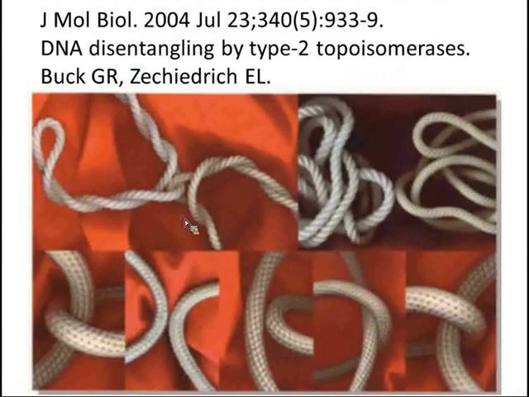Here, it's not hooked, so maybe it tries to find something like that, where they're both bent. Maybe it bends it first and waits for another strand to come through. There's still a few questions about that. So here, no strand passage. Here we get topo 2 acting, doing the strand passage. Questions there.